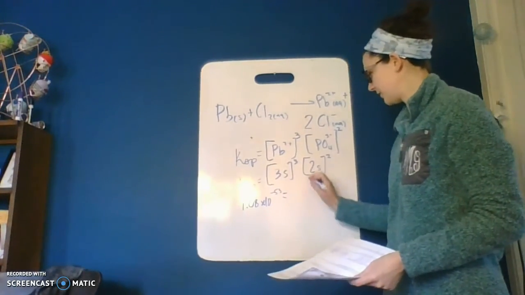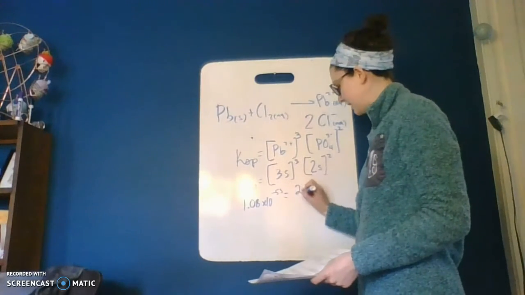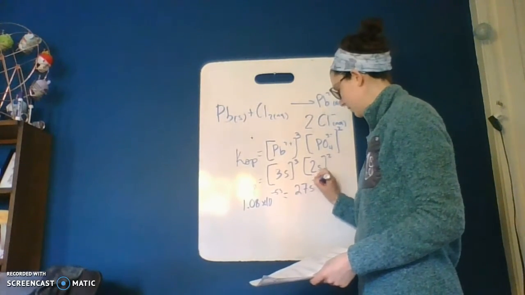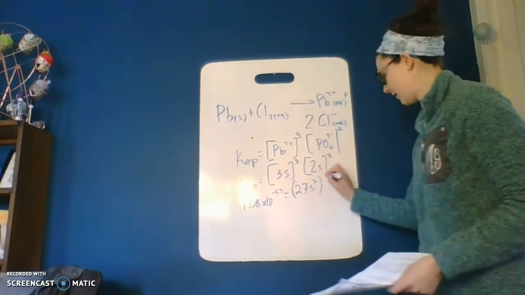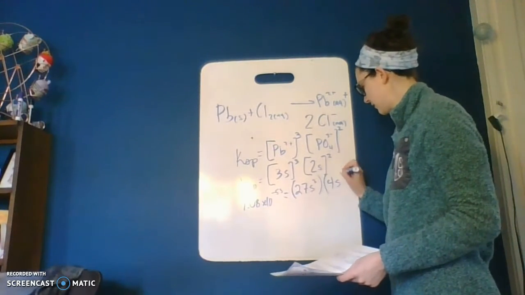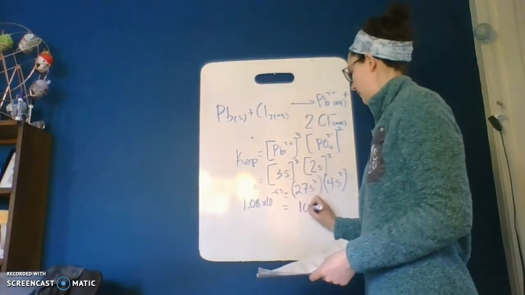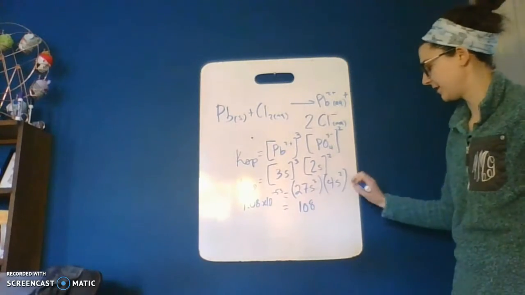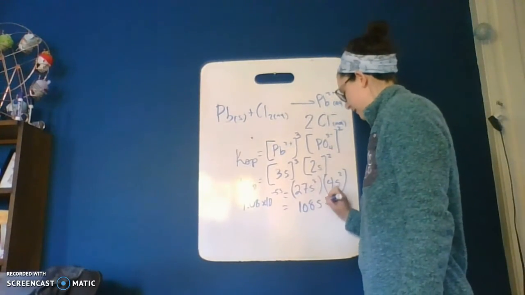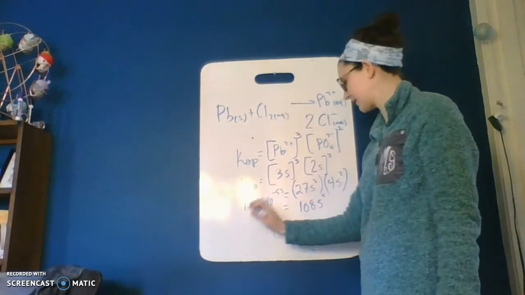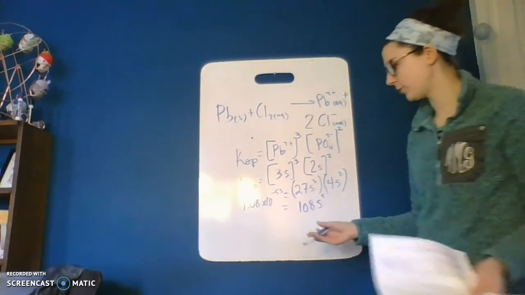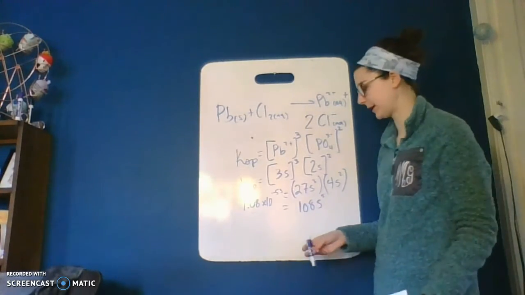And that's going to be equal to 3 cubed, which is 27, S cubed, times 4S squared. 27 times 4 is 108, and S cubed times S squared is going to be S to the 5th. And that's going to be equal to my Ksp of 1.08 times 10 to the negative 53.